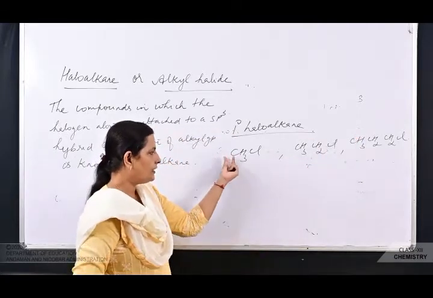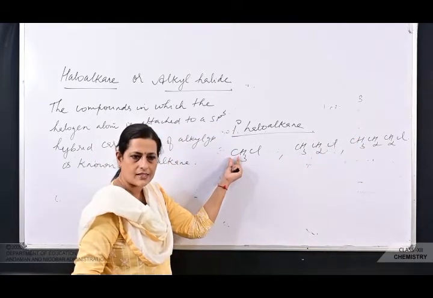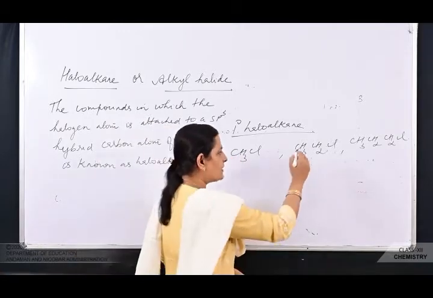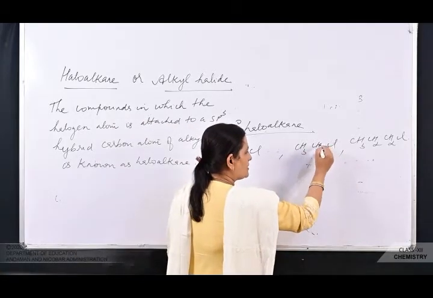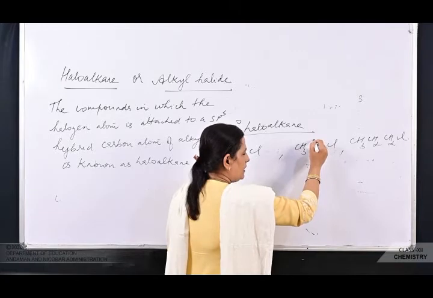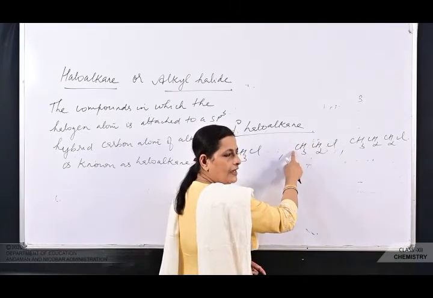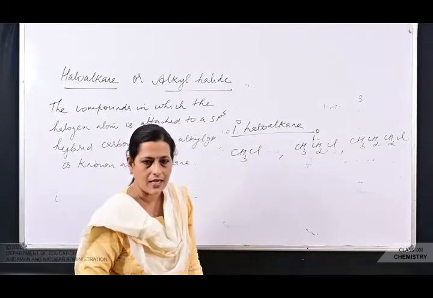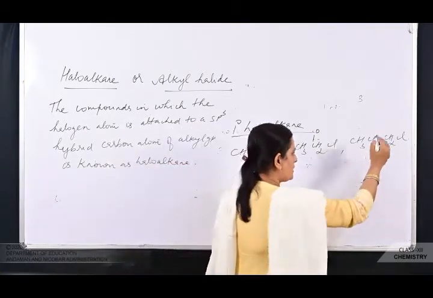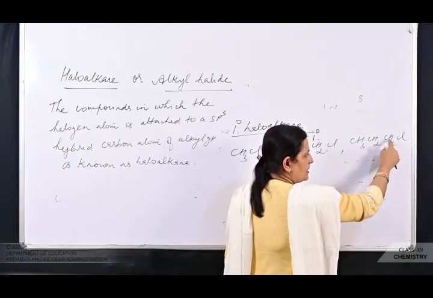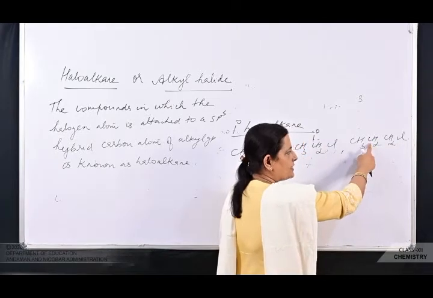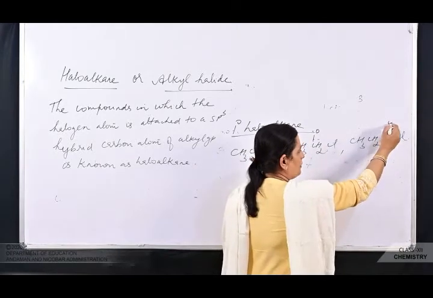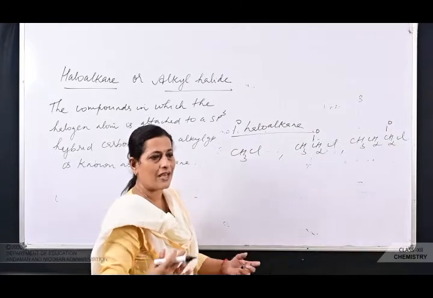Now see here, this carbon is having its own existence. Now, if you take this carbon to which the halogen is attached, in its adjacent position, how many carbon atoms are there? 1. So this is known as what type of carbon? It's known as primary carbon atom. Now again you take this carbon to which the halogen is attached, in its adjacent position, how many carbon atoms are there? 1. So this is also what type of carbon? Primary.